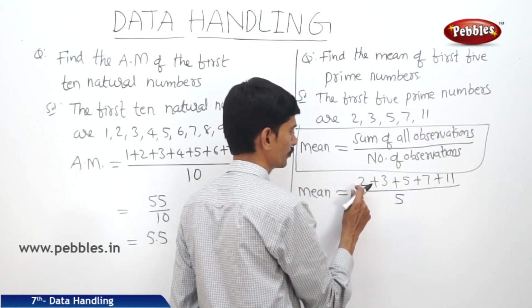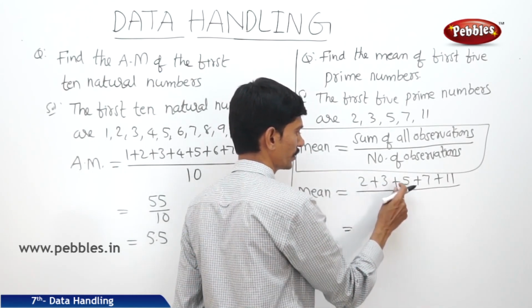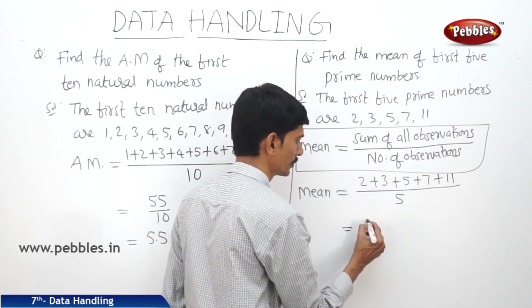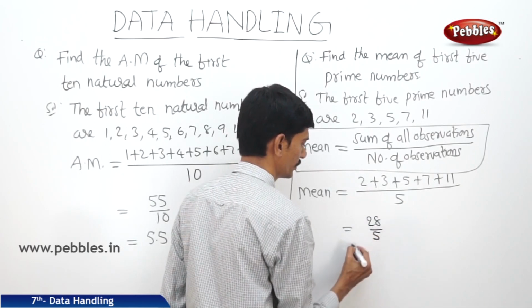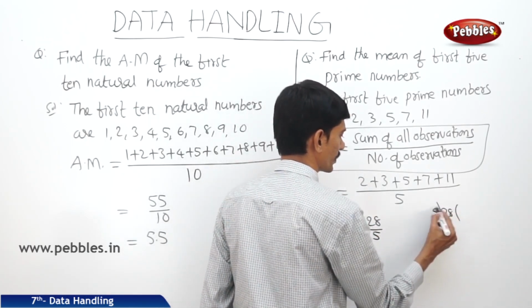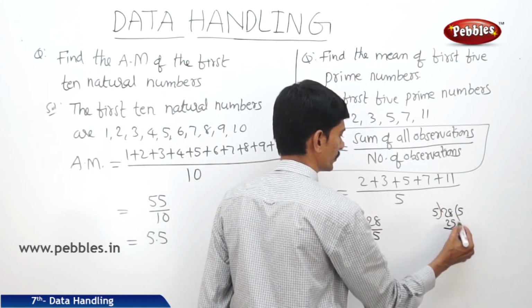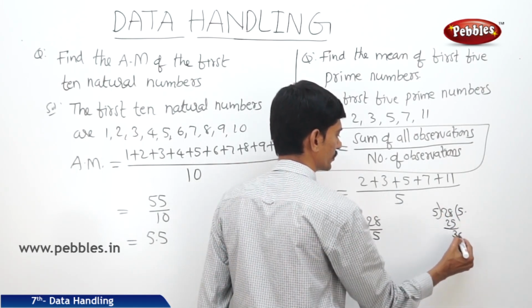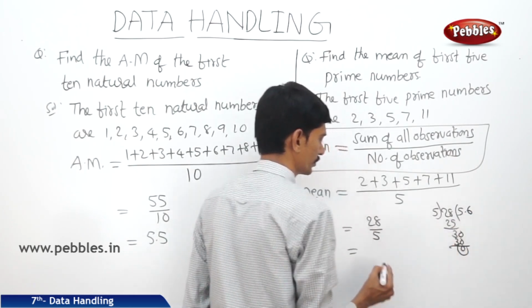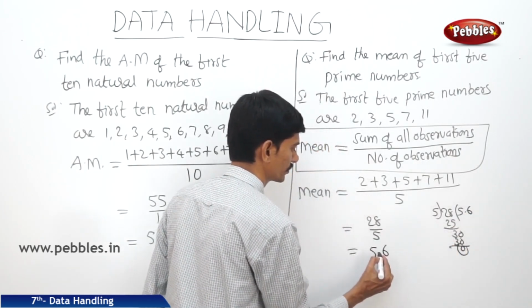So this equals 2 plus 3, 5, 5 plus 5, 10, 10 plus 7, 17, 17 plus 11, 28, divided by 5. Now if you divide 28 by 5, 5 5s are 25, remainder 3, then 5 6s are 30. So this equals 5.6.